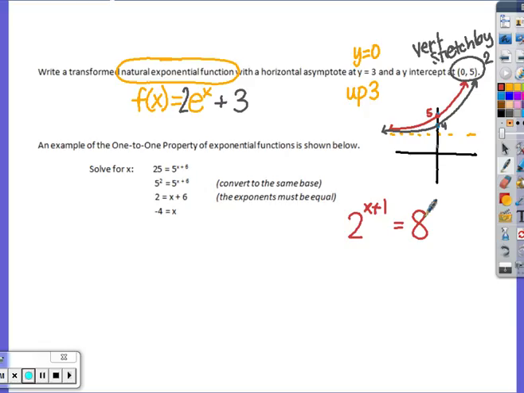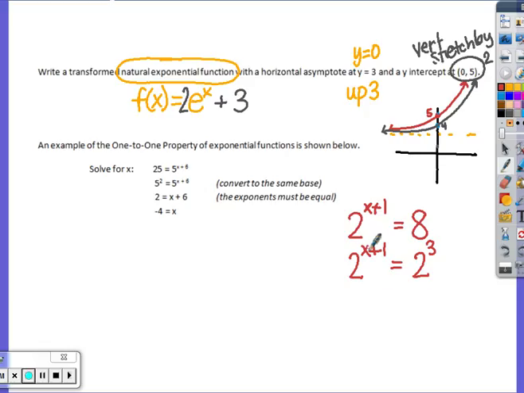Our strategy is going to be to convert both of those numbers to the same base, because I'm not even going to give you any trick questions this time. Did you notice that these are both 2 to the somethings? Like 8 could be written as 2 to the what? Yeah, 2 times 2 times 2. So 2 to the 3.